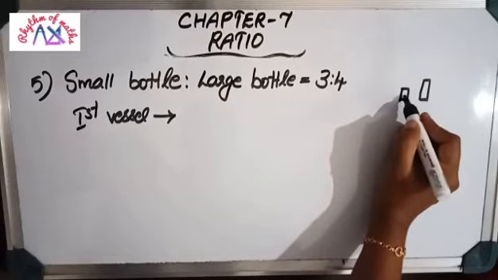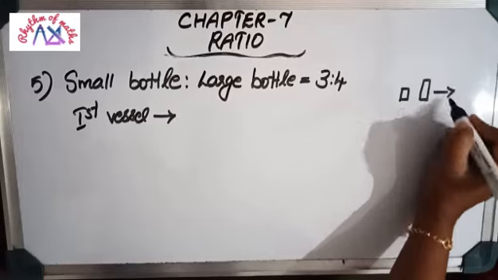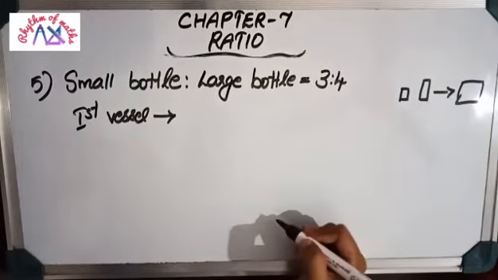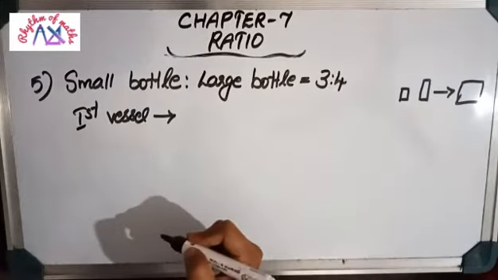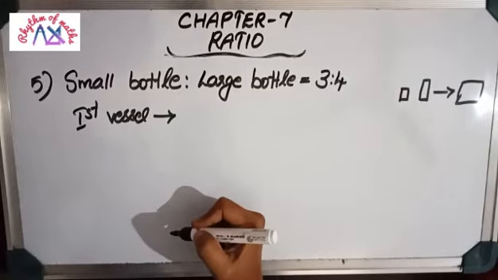We are filling this small bottle twice and this large bottle once, and we are going to empty these two into one large vessel. So we need to find what the volume in that will be. Similarly, we have to find the volume of the second vessel. Then we need to write the ratio.